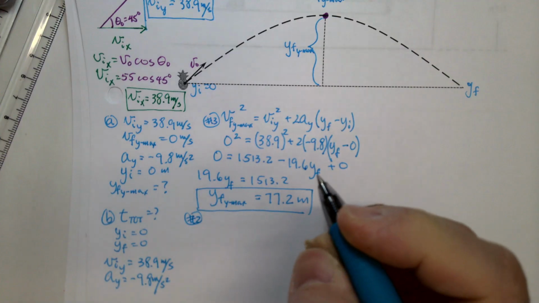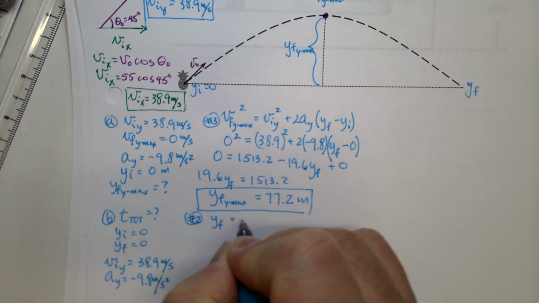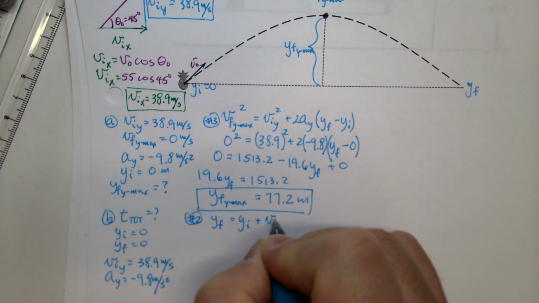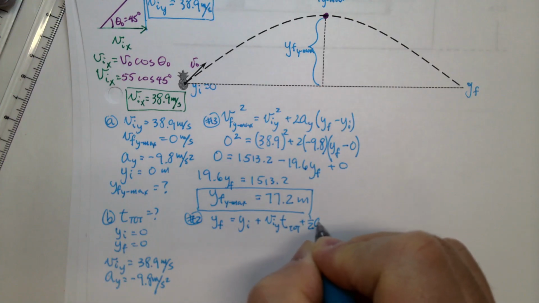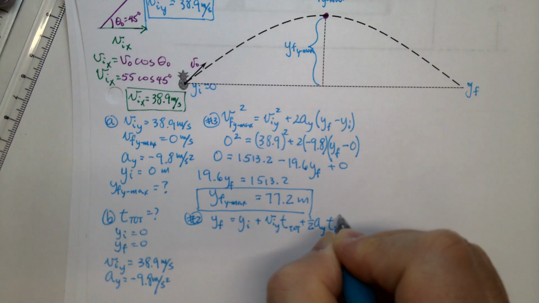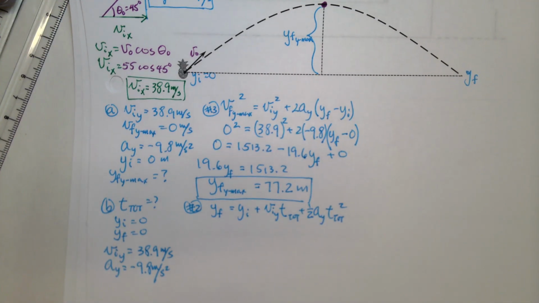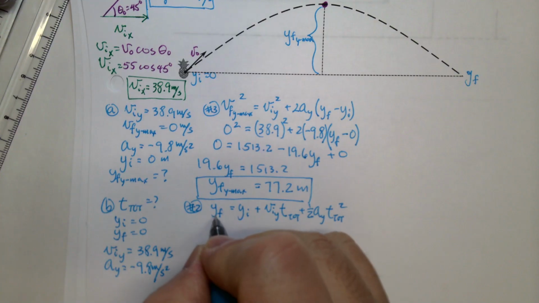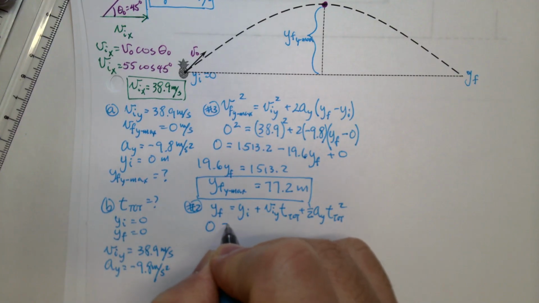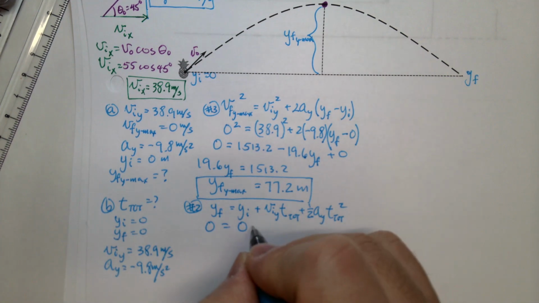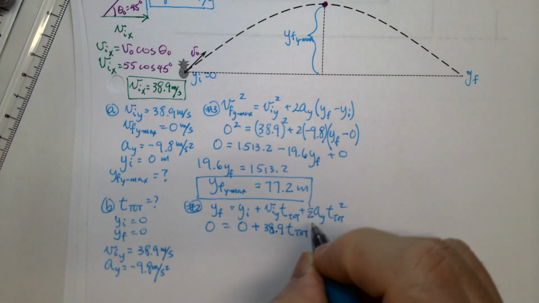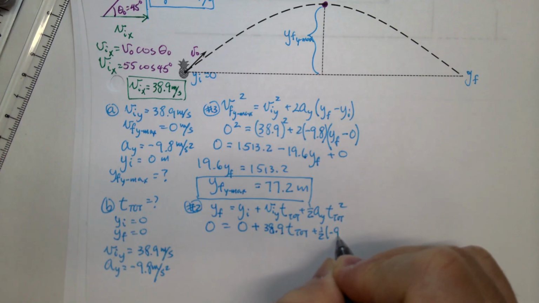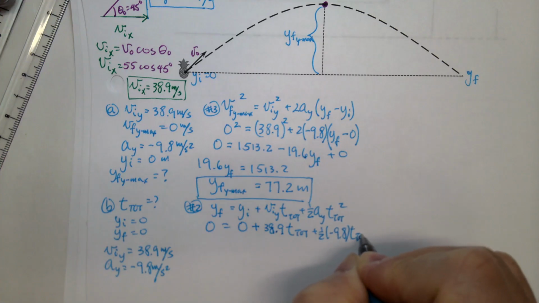Equation number 2 states y final is equal to y initial plus VIY T total plus 1/2 a sub y T total squared. If we plug in all the values, y final 0, y initial 0, plus 38.9 T total, plus 1/2 times negative 9.8 times T total squared.